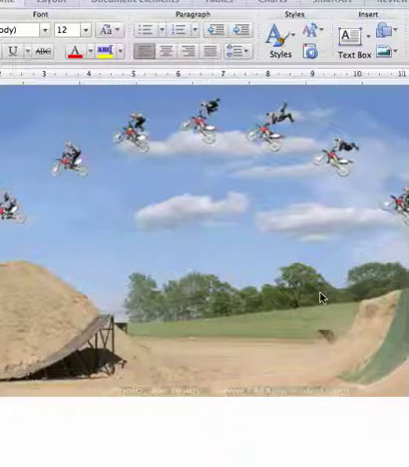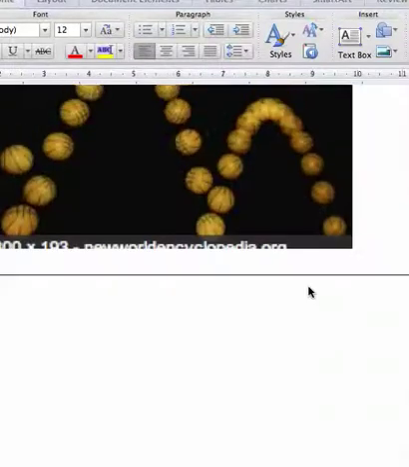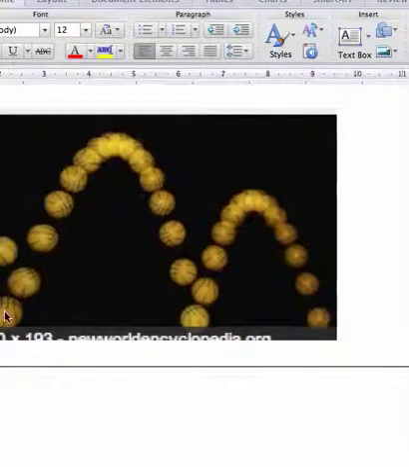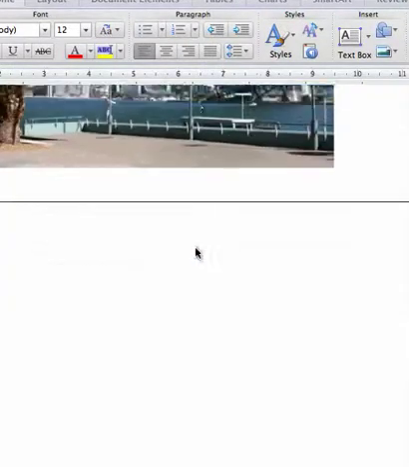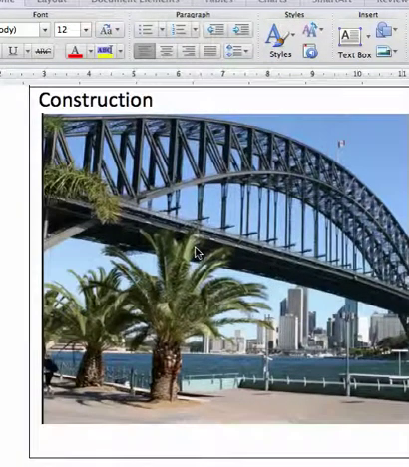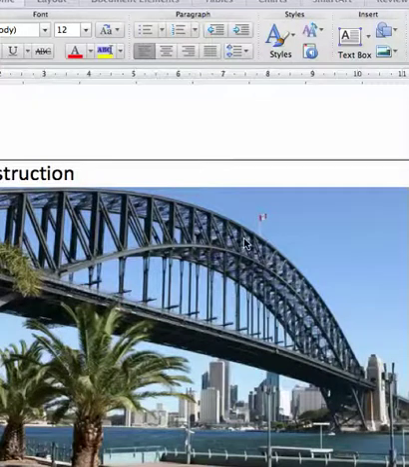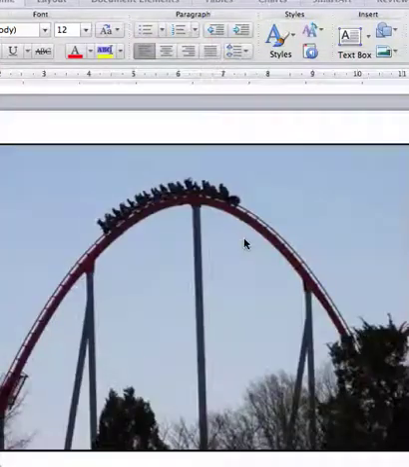Okay, let's look at a different example. So bouncing a ball, you can see when you bounce a ball in slow motion, it actually forms a parabola as it travels in the air, reaches the highest point, and then comes back down. So here we've got two parabolas. Bridges are really a good example of where parabolas are used in construction. So of course roller coasters are a lot of fun.